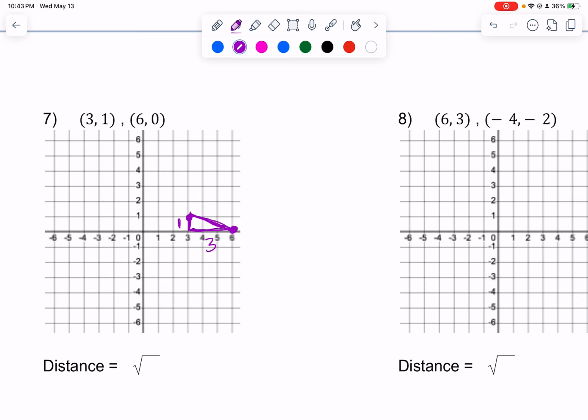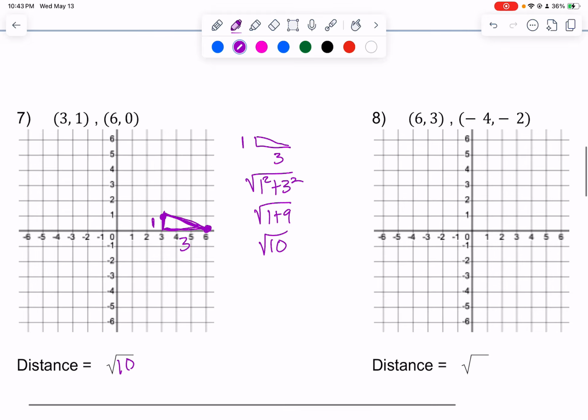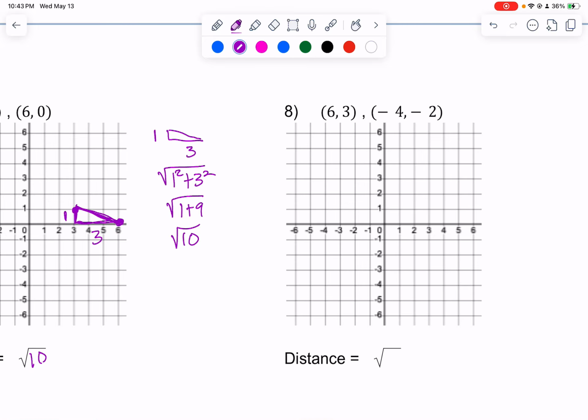So we'll have a 1, a 3 for my simple triangle here. That's going to be 1 squared plus 3 squared. We saw this earlier, 1 plus 9, square root of 10. And that's the simpler version of that number. Let's see what happens in our next pair of points.